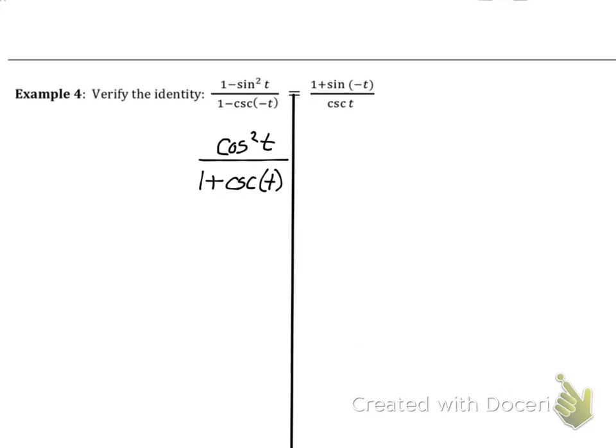Well, if I rewrite the other side, I could rewrite this as 1 minus sine of t. But wait, what? I'm going to get rid of those parentheses. They get annoying to draw every single time. I'm going to do something really quick.